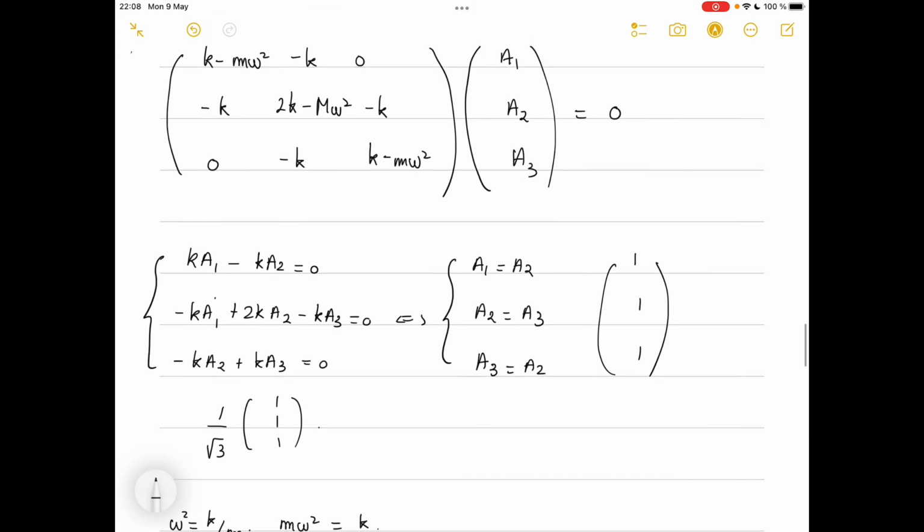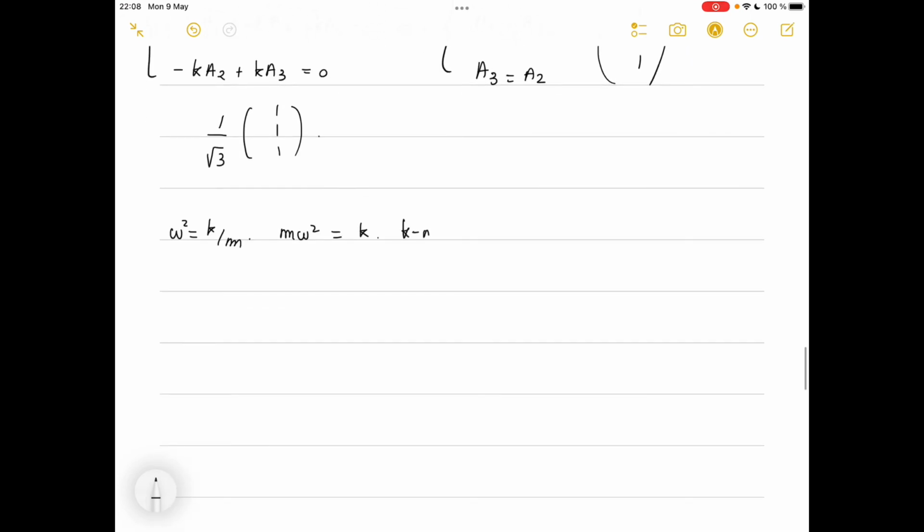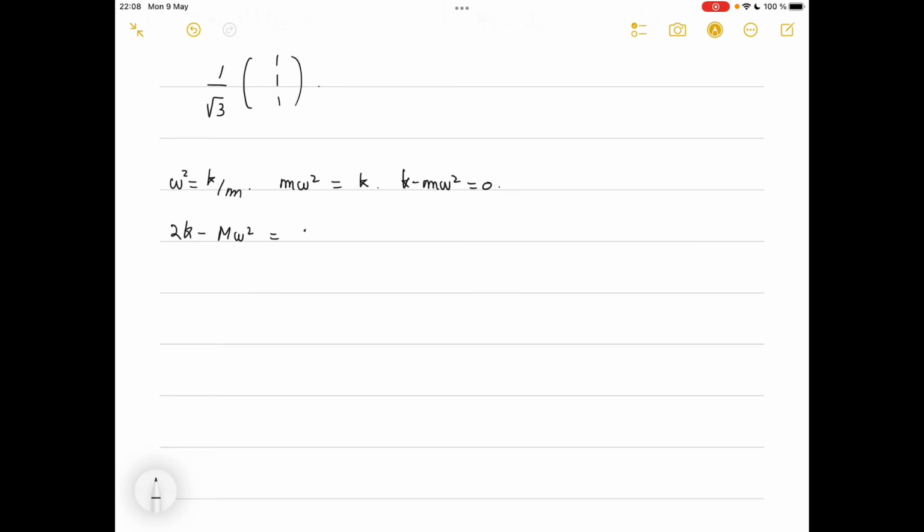So k minus m omega squared becomes 0, and k minus big M omega squared, I'm talking about the middle matrix element, will just become 2k minus mk over m.